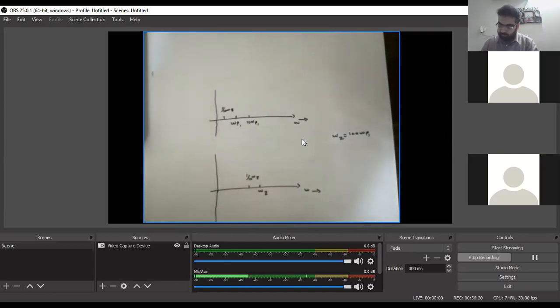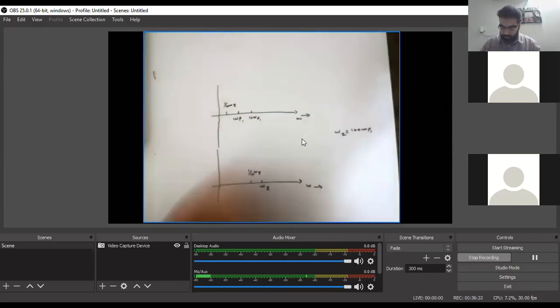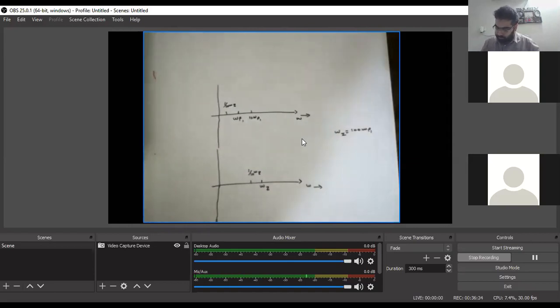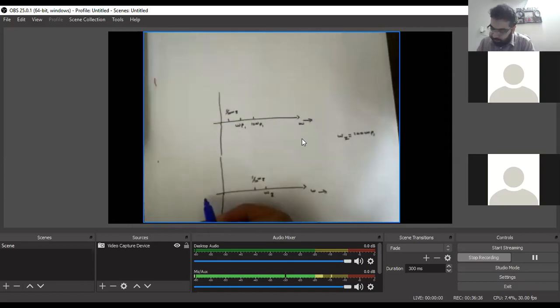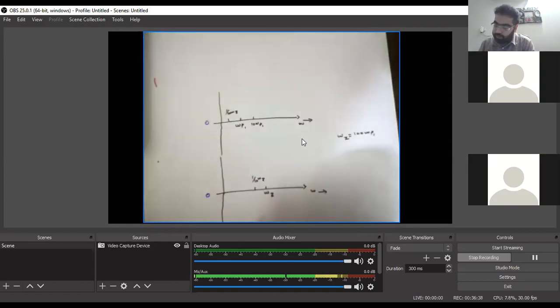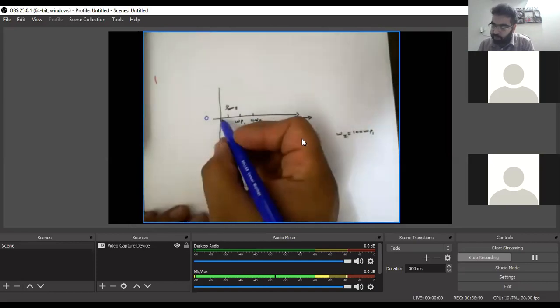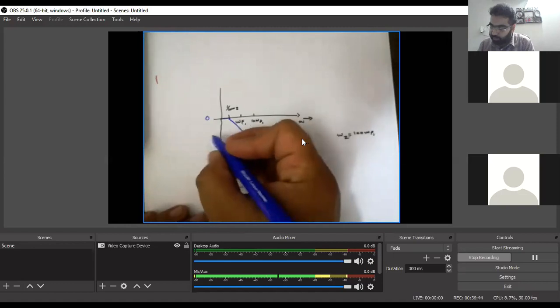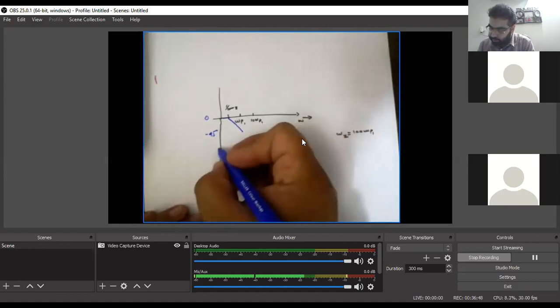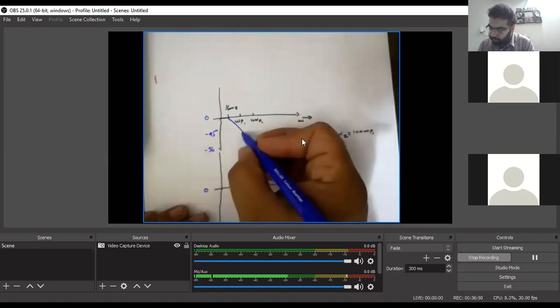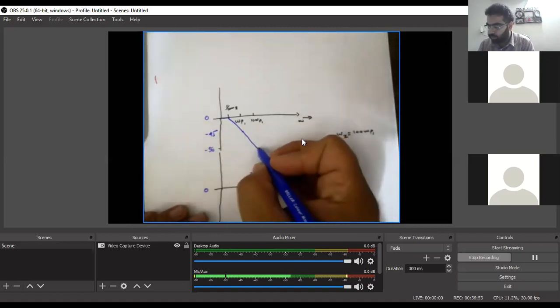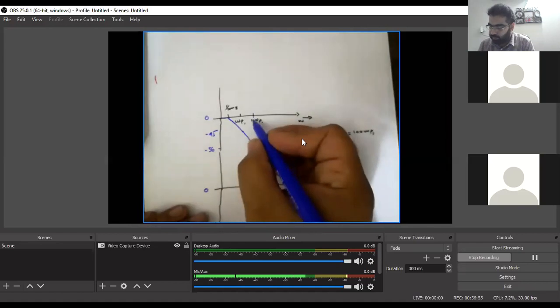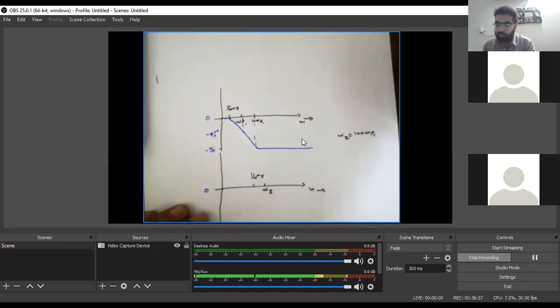This is 0 degree, this is 0 degree. If we talk about the pole, the pole starts from 1 over 10. It will go at the frequency of this point to minus 45 degree and at this point to minus 90. So it will go like this, and then it will go like this. This is the response of a single pole.